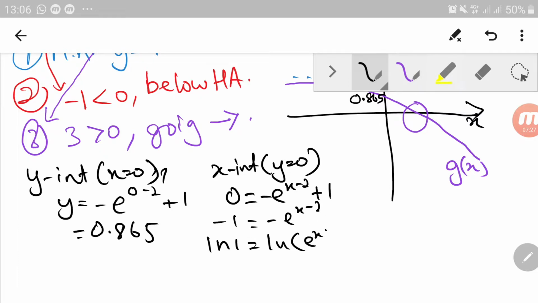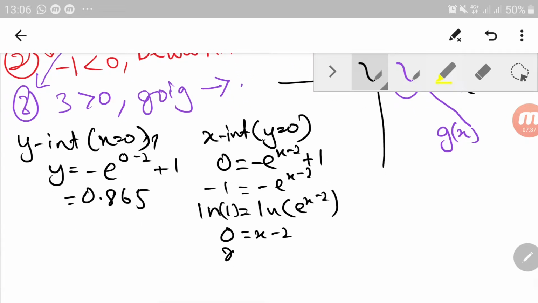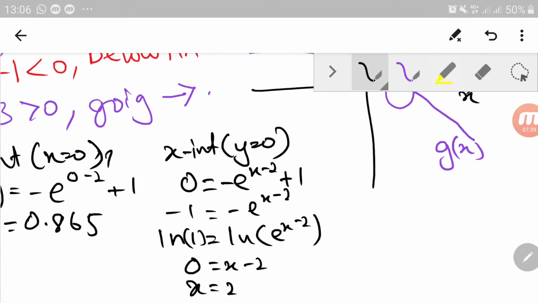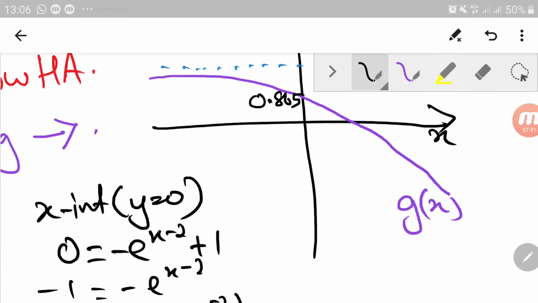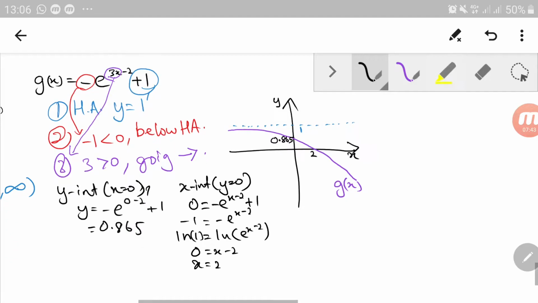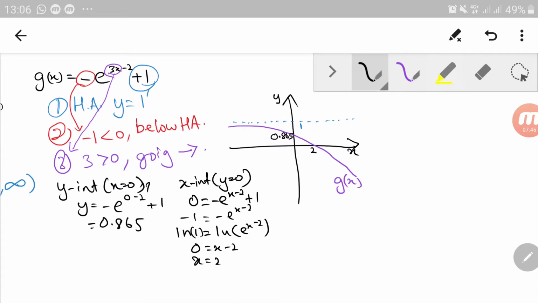Ln of 1 is 0, so x minus 2 equals 0. So x is clearly 2. So I get rid of that and put 2 over there. So we've done labelling them and all that.